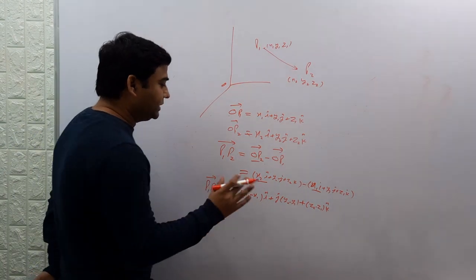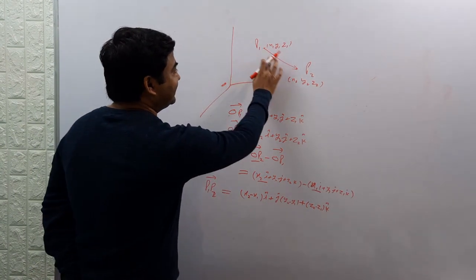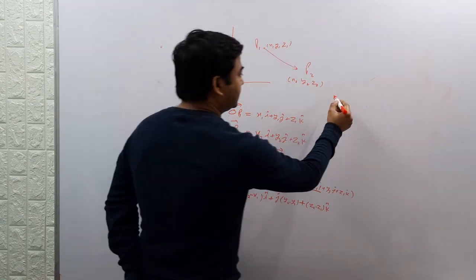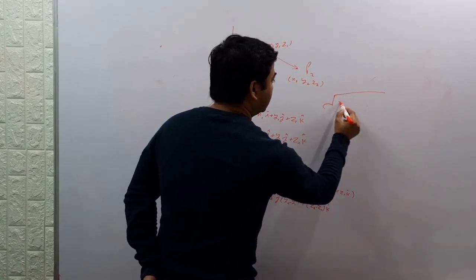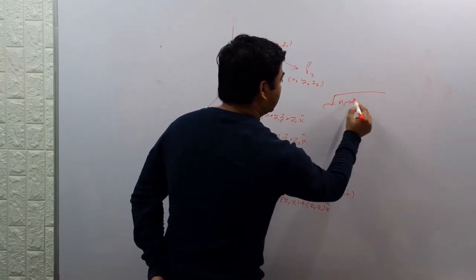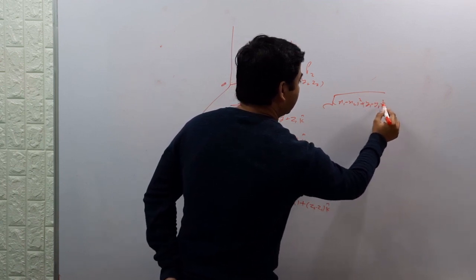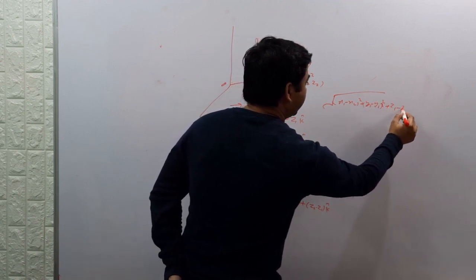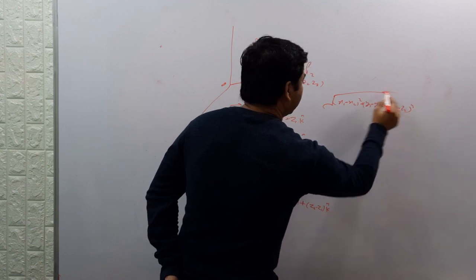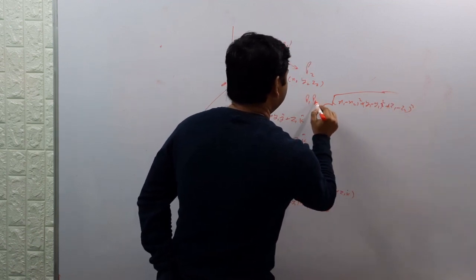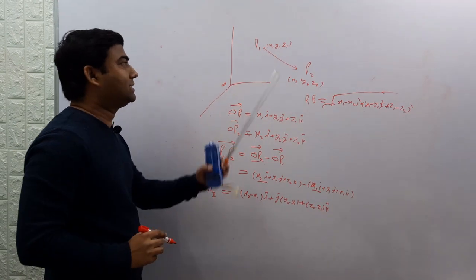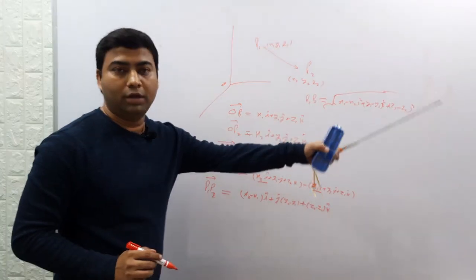Now from coordinate geometry we know the distance between P1 and P2 is the square root of (x1 minus x2) squared plus (y1 minus y2) squared plus (z1 minus z2) squared.